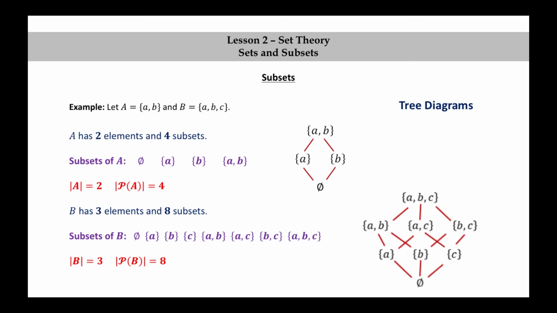And here's a tree diagram for the set B. We have the set with 3 elements at top, the subsets consisting of 2 elements underneath that, and then the subsets consisting of 1 element, followed by the empty set at the bottom, which is the only subset with 0 elements. You can see all those nice lines illustrating the various subset relations that the set B satisfies.